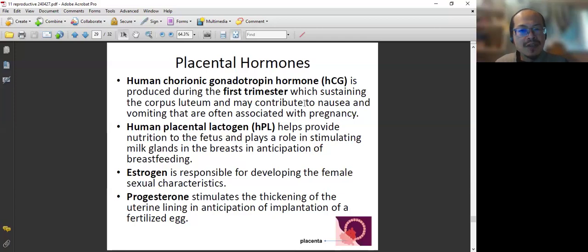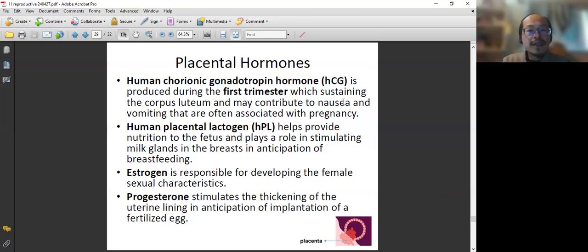It also has some other functions, like nausea, etc., but that's not the main function. The main function is to sustain the corpus luteum to survive for a while, not forever, but for a while.